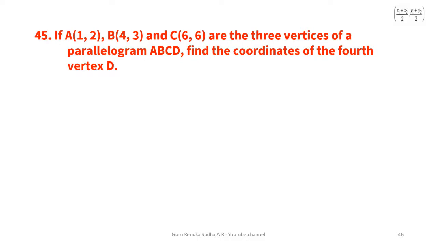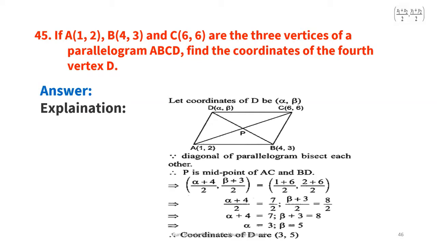What we have to do? First, you know that in a parallelogram the two diagonals bisect each other. First, for AC, the midpoint will be P. First calculate the coordinates of P, then easily by using the midpoint formula you can calculate the coordinates of D.